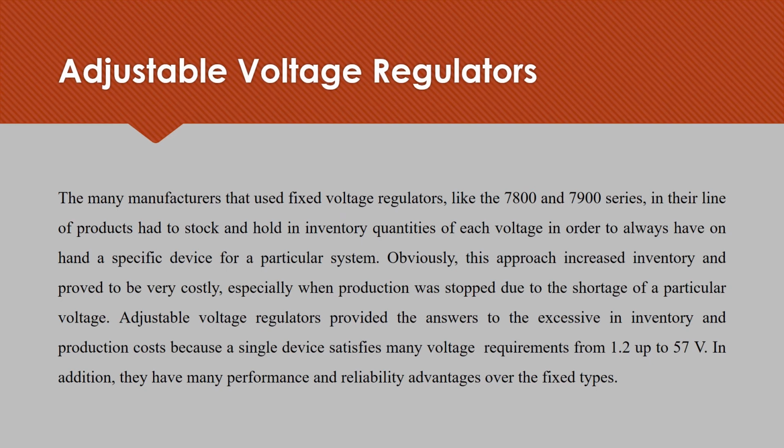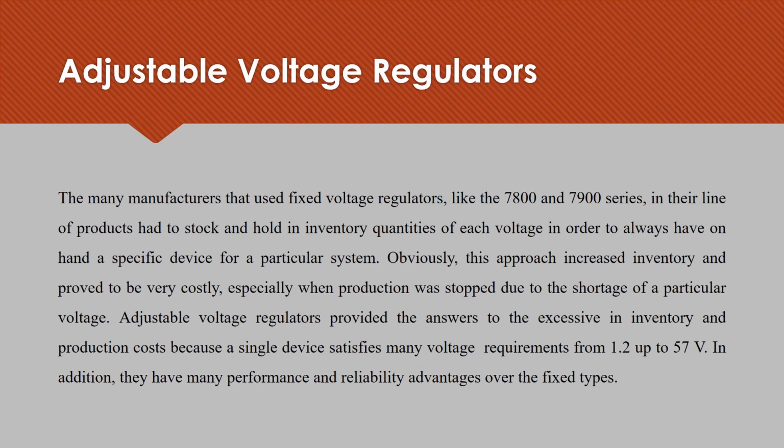Now we will talk of adjustable voltage regulators. Many manufacturers that use fixed voltage series like the 7800 and 7900 have to stock and hold in inventory a large amount of these devices. This approach increased inventory and proved costly.